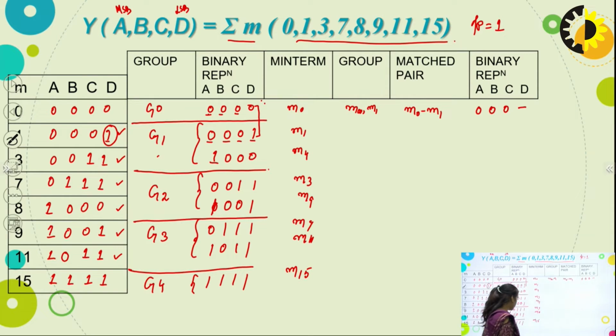I have removed. So next M0, I'm going to compare with this, sorry, it is not 4, it is 8. I'm going to compare it with 8.